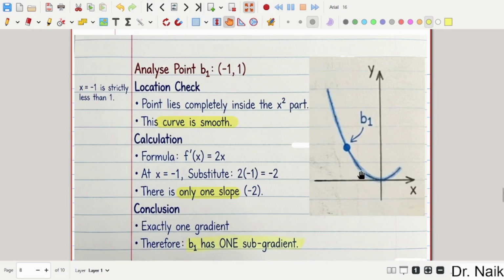This is a smooth curve and its derivative is 2x. At x equal to minus 1, we substitute into the derivative function: 2 times minus 1 is minus 2. So there is only one slope, minus 2, and the point has exactly one gradient. Therefore B1 has one subgradient.